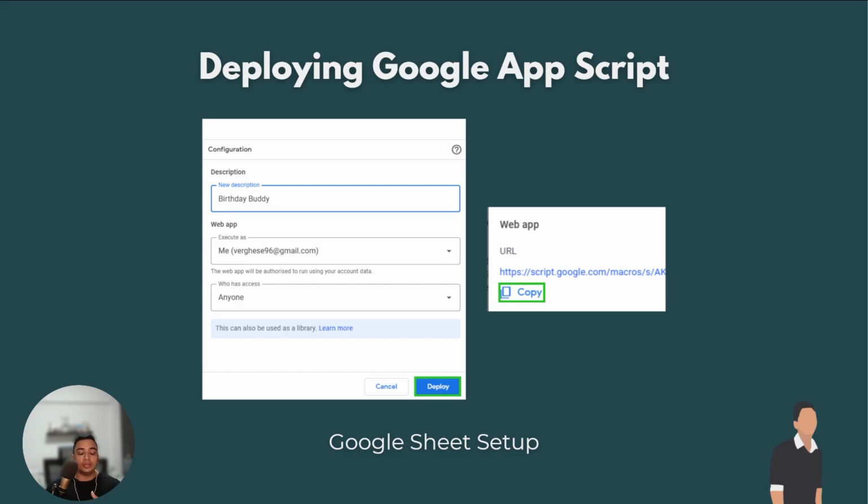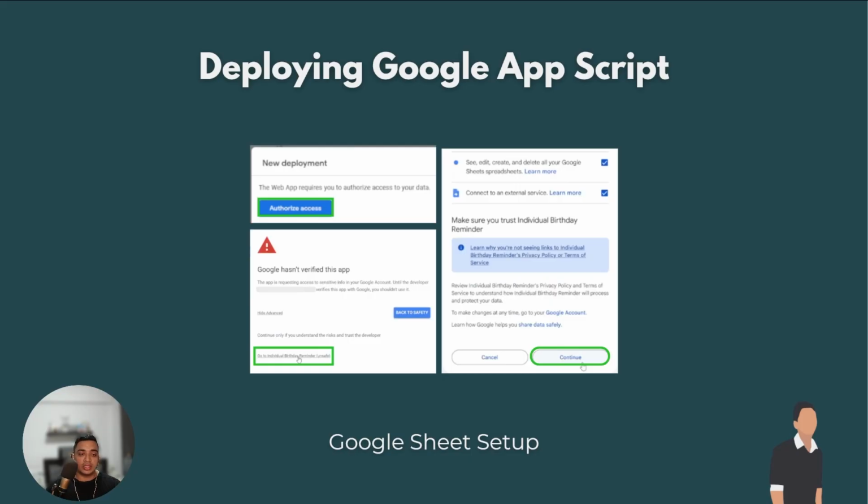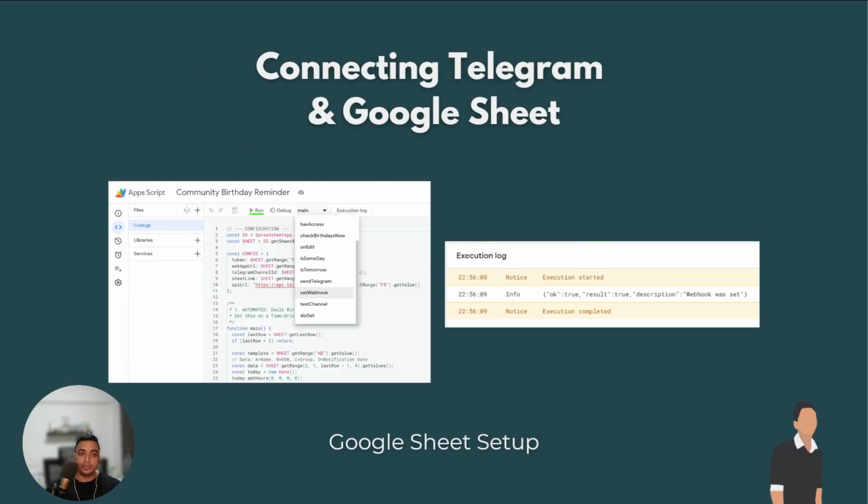If you don't see the URL yet, it most probably asks you to get authorization. So for authorization, just authorize the access, or go into advanced, then continue with the permissions, take all the permissions and hit continue. And then once you do all that, you've pasted the link for the web app URL back into the Google Sheet.